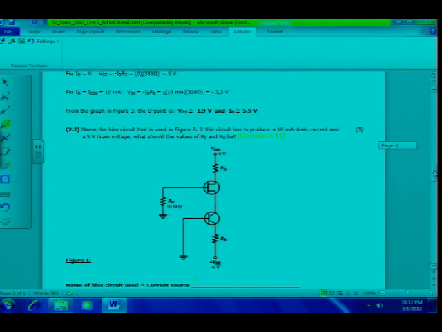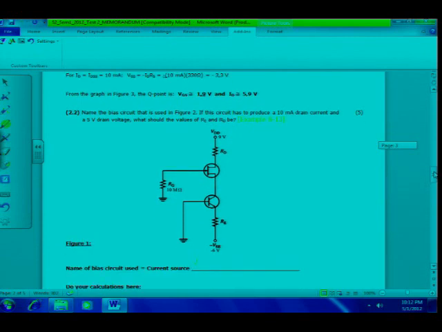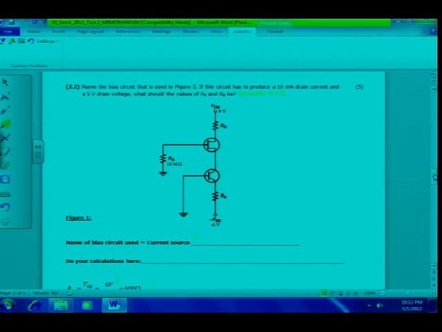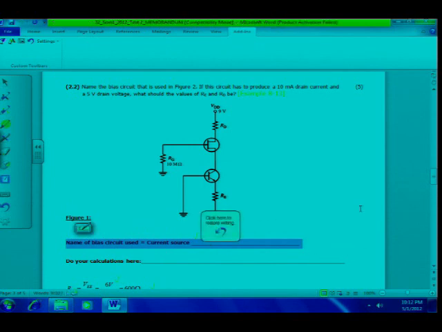Question 2.2 was example 8.13 in your textbooks. Name the bias circuit that is used in figure 2, and then you had to name it here at the bottom. Of course, it's a current source for 1 mark.